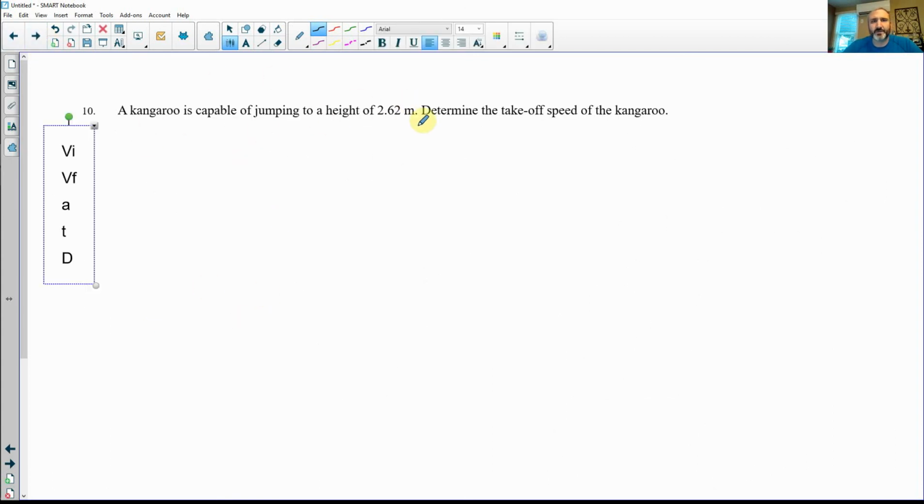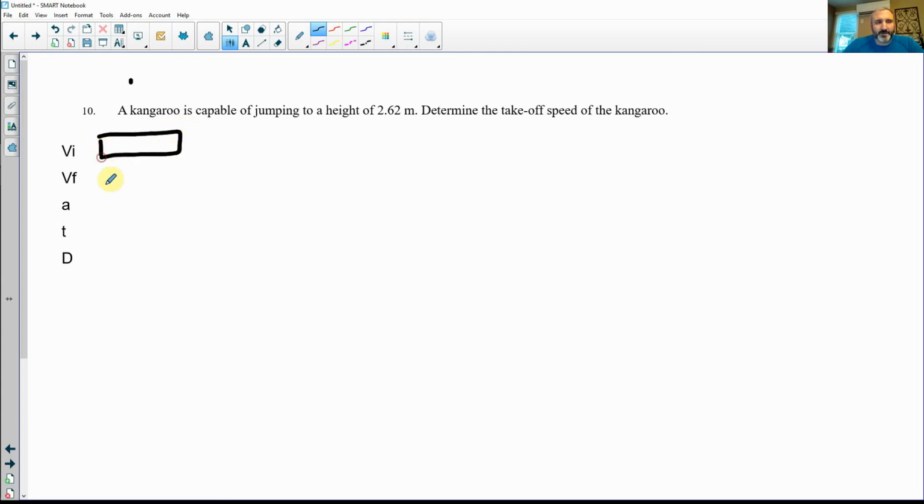A kangaroo is capable of jumping to a height of 2.62 meters. Determine the takeoff speed. So I think the first thing you have to remember is we're figuring out the initial velocity, but we know how fast the kangaroo is going at the top, and that's 0 meters per second. We know the acceleration is negative 9.8 because once the kangaroo jumps, he's a projectile.